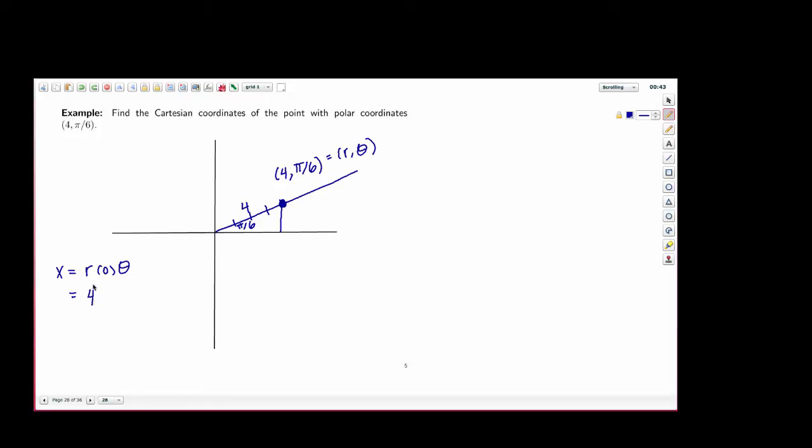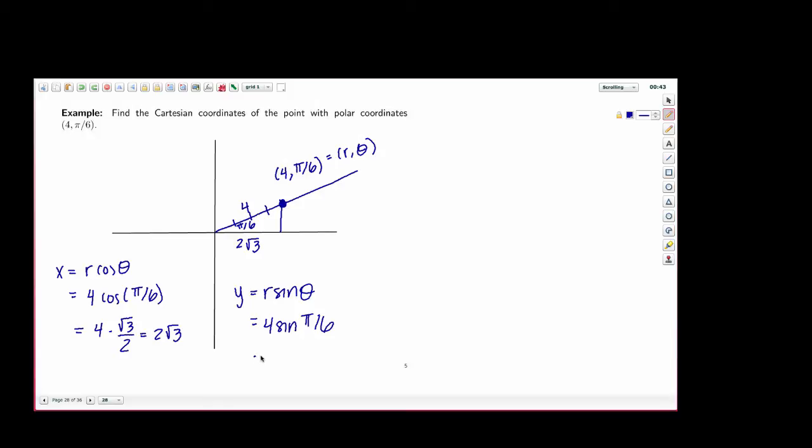So we get 4 cosine of pi over 6, and draw out your unit circle or your right triangles. Remember, cosine of pi over 6 is root 3 over 2. So this gives us 4 times root 3 over 2, or 2 root 3. So we're over 2 root 3. And to get our y coordinate, remember that y is r sine theta, which is 4 sine pi over 6.